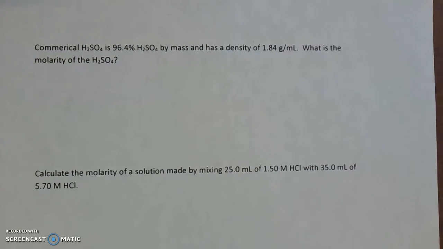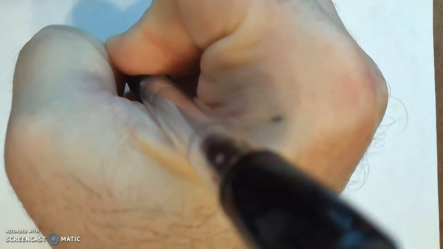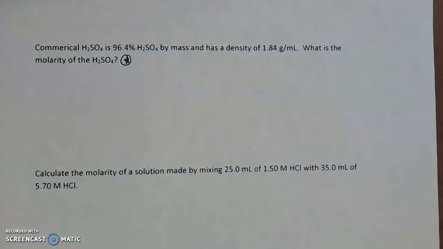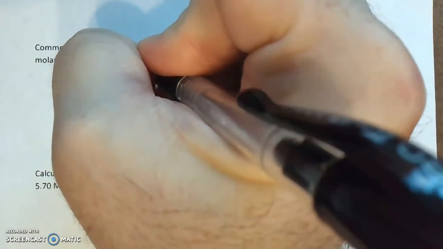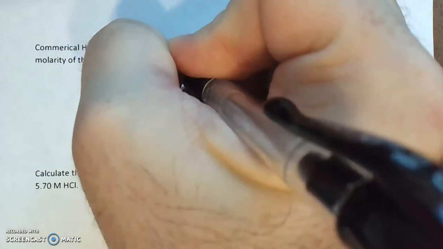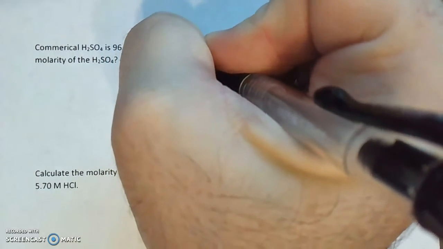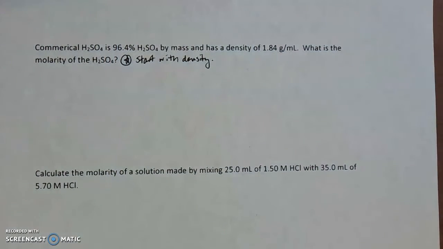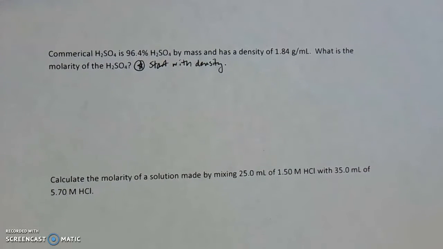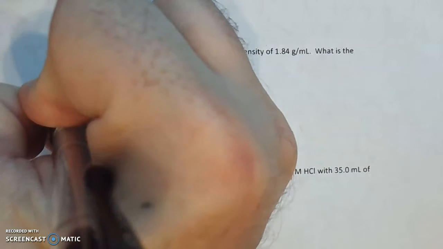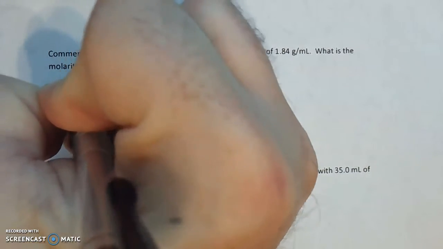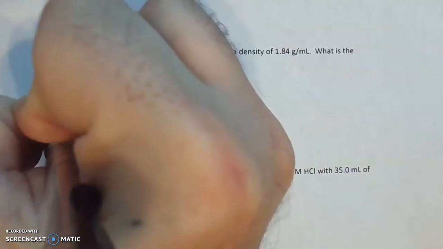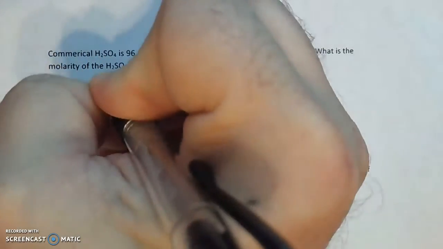So we are going to do something that we normally don't do with problems, but in this one, we are going to start with the density. So anytime you see this, where you're given a mass and a density and you want to know what the molarity is, you're going to start with the density. So we have 1.84 grams of solution per 1 milliliter of solution. So there is our density.